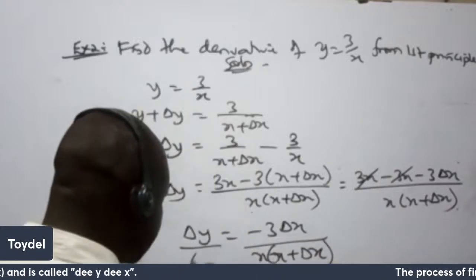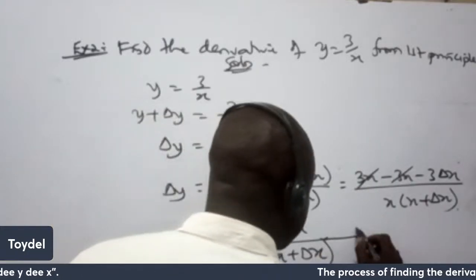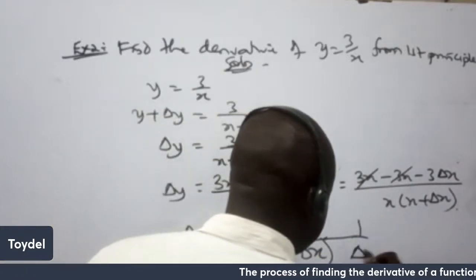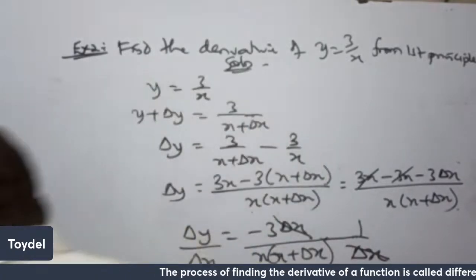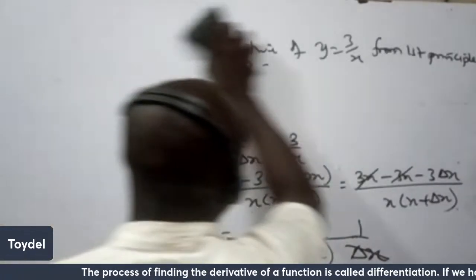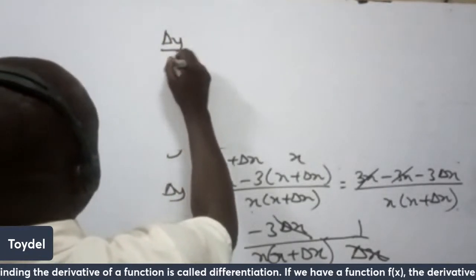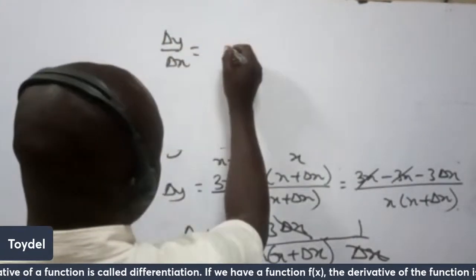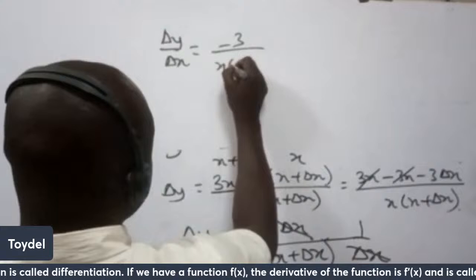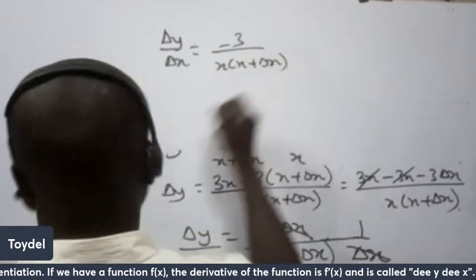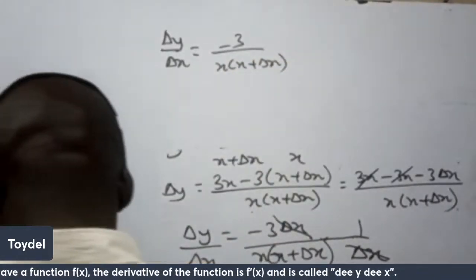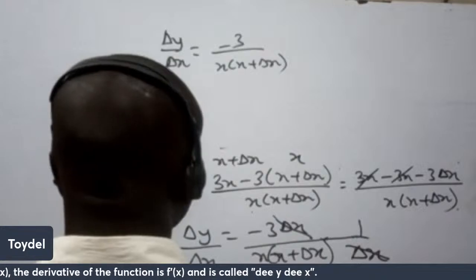Let's divide both sides by delta x. Then this will be 1 all over delta x, so delta x can take care of delta x here. At the end of the day, we have delta y all over delta x equal to minus 3 all over x into x plus delta x.